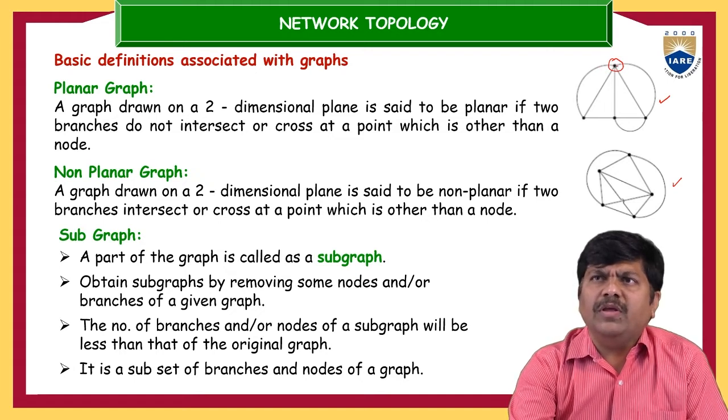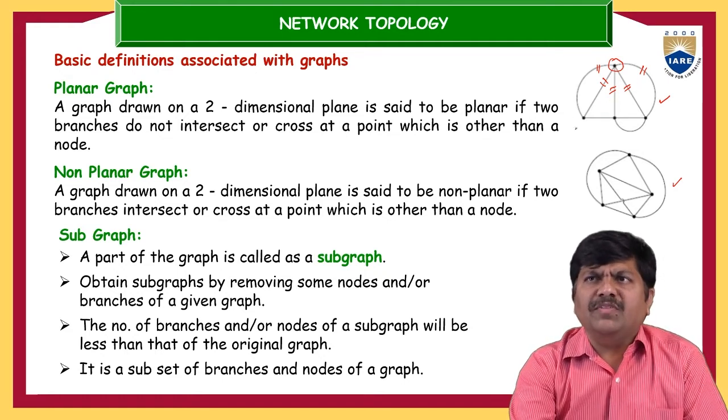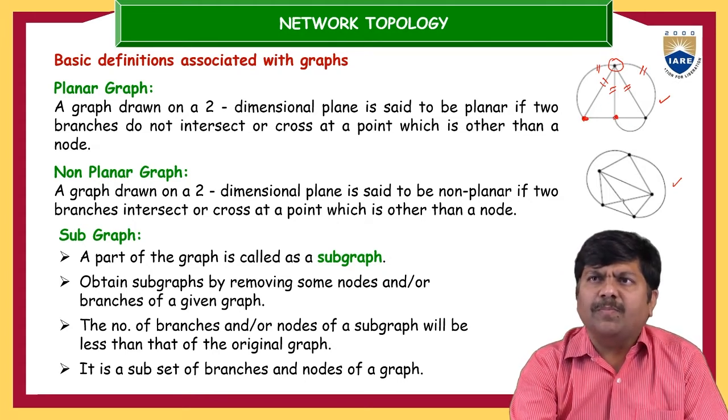If the node is removed, this branch will be eliminated, this branch also, this one, this one, and this one will be eliminated. So in that case, only some portion of the graph will remain. This node is a part of the graph, and this node is also a part of the graph, and this node too.